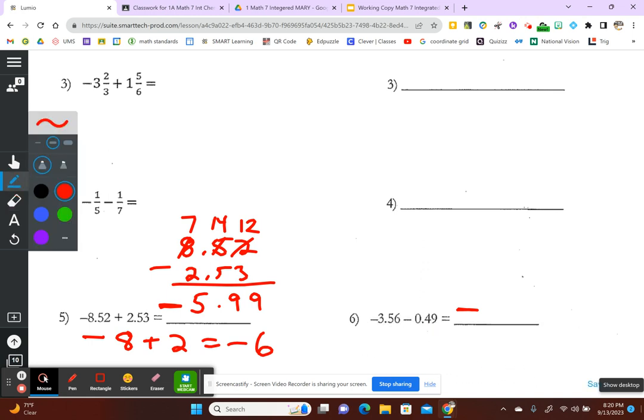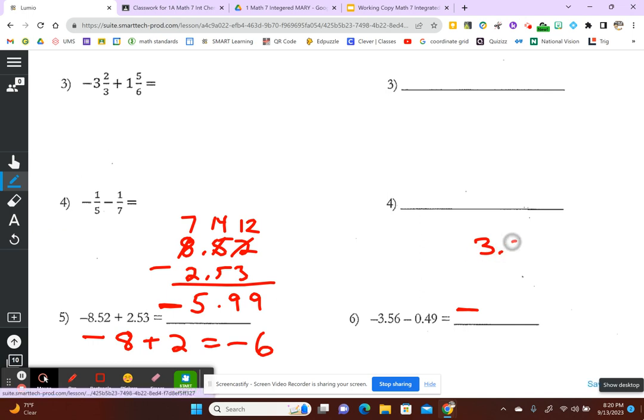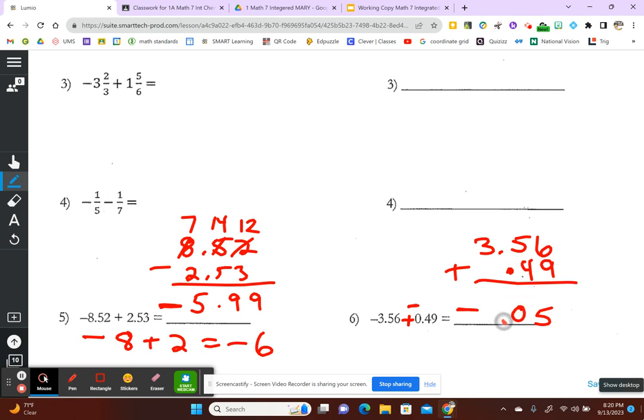So that means I just add 3.56 plus 0.49 because a negative plus a negative is a greater negative. So this becomes 15, carry the 1, 0, carry the 1, 4.05. So the answer is negative 4.05.